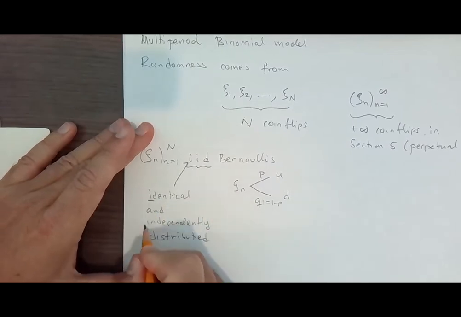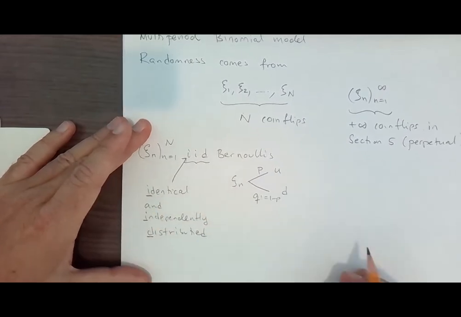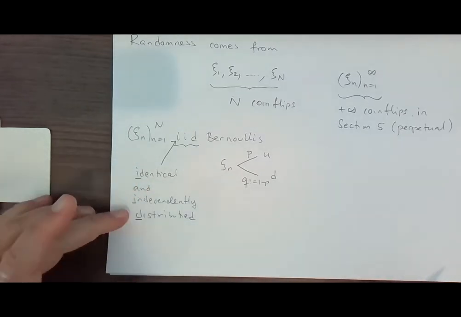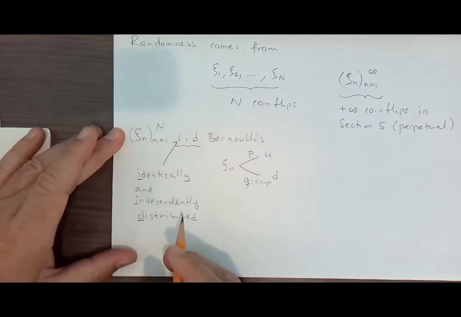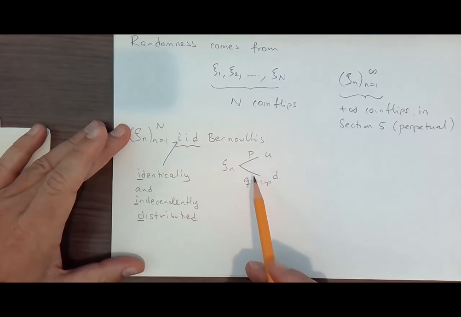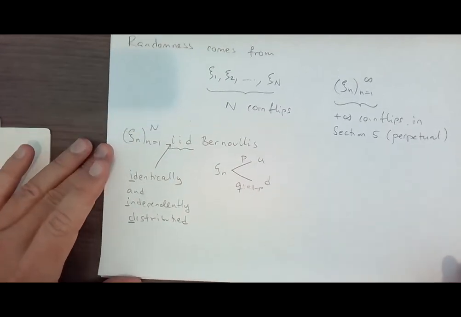So that's the first I, that's the second I, and that's the IID, identically and independently distributed. What does it mean to be identically distributed? It means that they all have that distribution. And what does it mean to be independent?